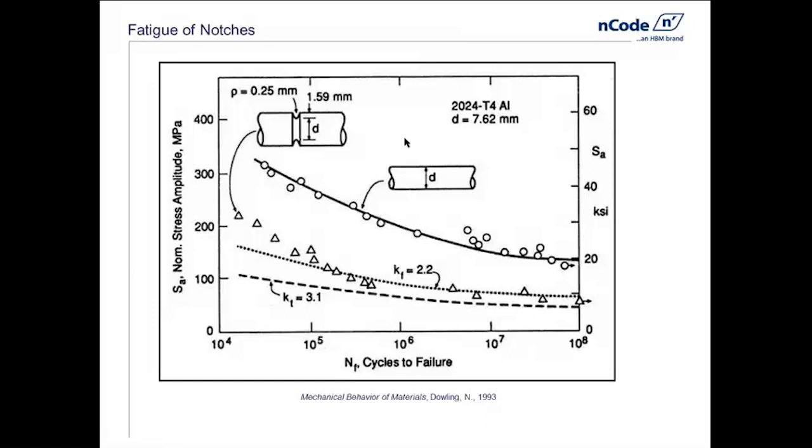If I were to take that material definition, that fatigue definition, go up and do a finite element analysis of a part with the stress riser in it, get the stresses out of my finite element analysis, and use the material properties that I calculated from the unnotched specimen, I would predict a fatigue performance you see as this lower curve down on my plot, the one that says KT of 3.1.